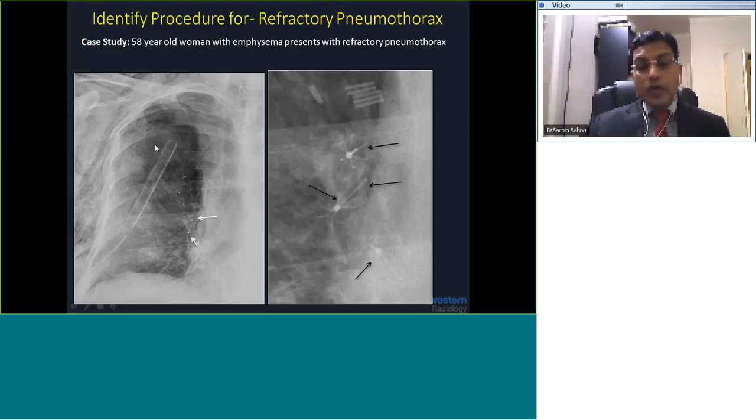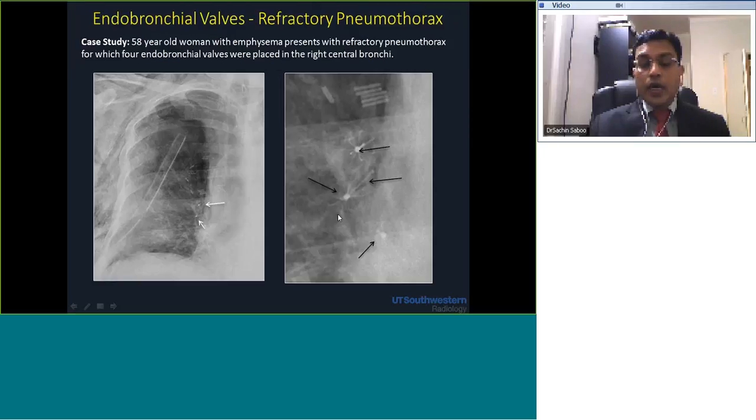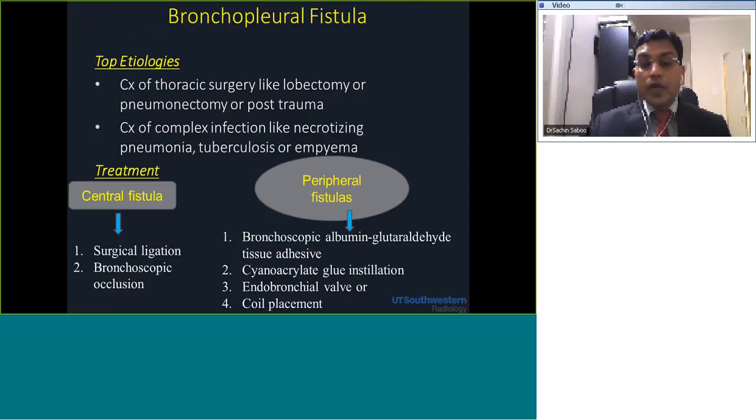The patient underwent a procedure, and as you can see, there are 4 umbrella-shaped valves in the central bronchi. These endobronchial valves were used in the right central bronchi to treat this refractory pneumothorax.